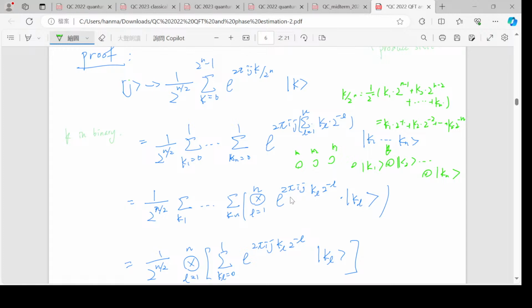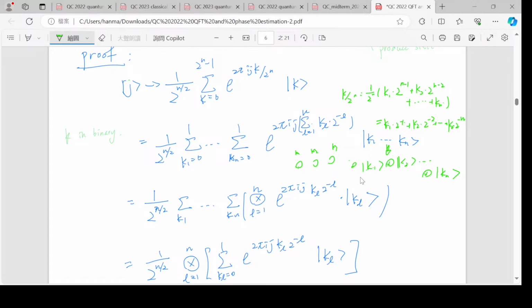So for l equal to 1, you have e to the 2 pi i k1 2 to the minus 1, and you can put it together with k1 here. And for the second term, you have e to the 2 pi i k2 2 to the minus 2, then you can put it together with k2, etc. So you actually have a tensor product of all those terms with kl, okay, for l from 1 to n.